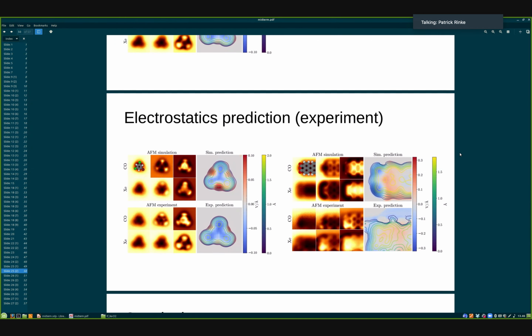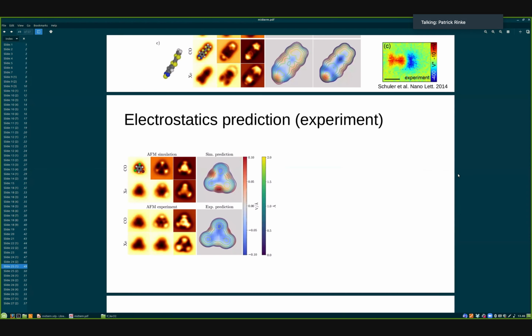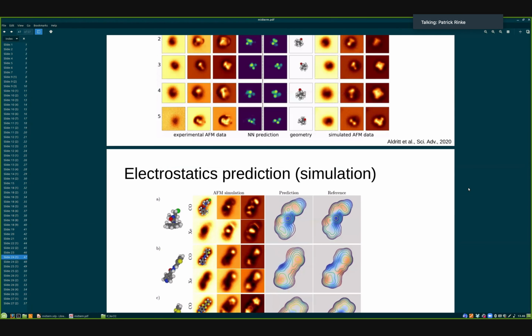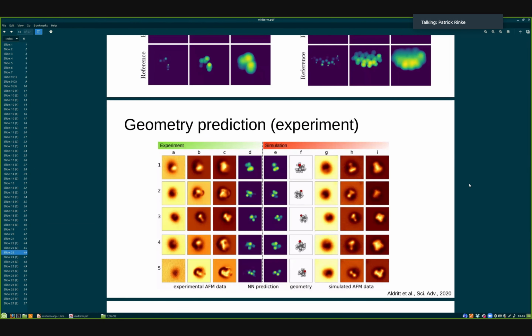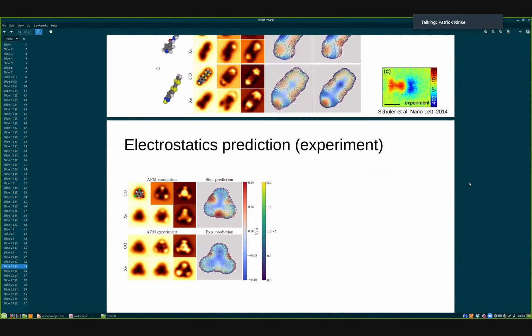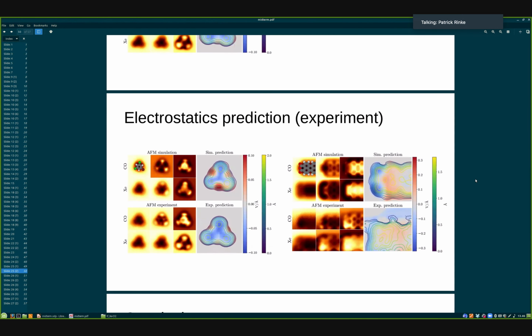So in your first example, it was clear, right? In the AFM experiment, you don't know where the atoms are, and then through your model, you find out what the atomistic structure is of what has been imaged. But for the electrostatic surfaces, both can be measured experimentally, right? So you're predicting something that can already be measured experimentally. So what's the gain then?